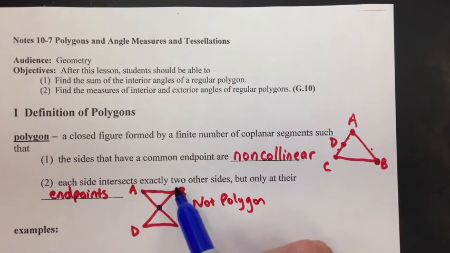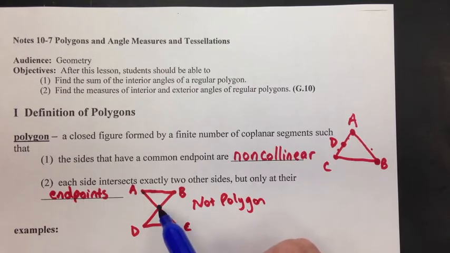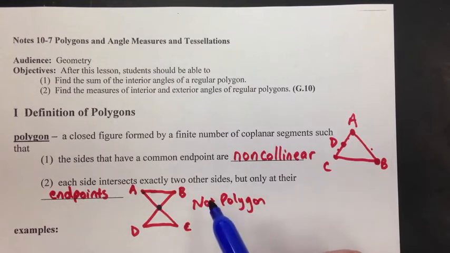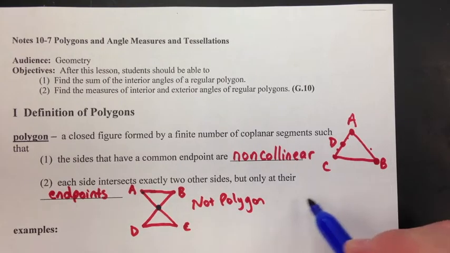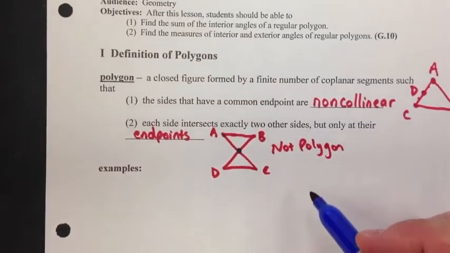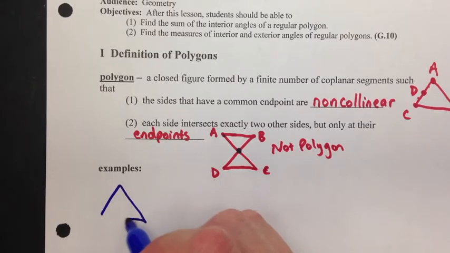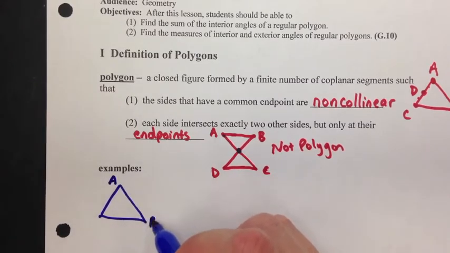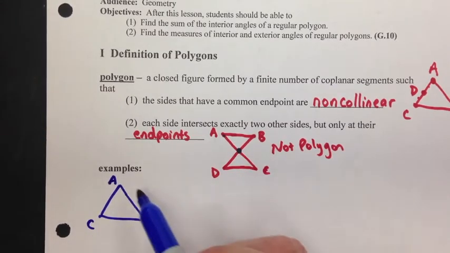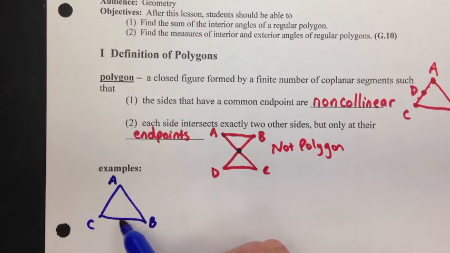They don't meet at A or B or C or D, they meet somewhere else. So they have to meet at the endpoints. If I draw a triangle ABC again, AB and BC intersect, but only at their endpoints, right there.